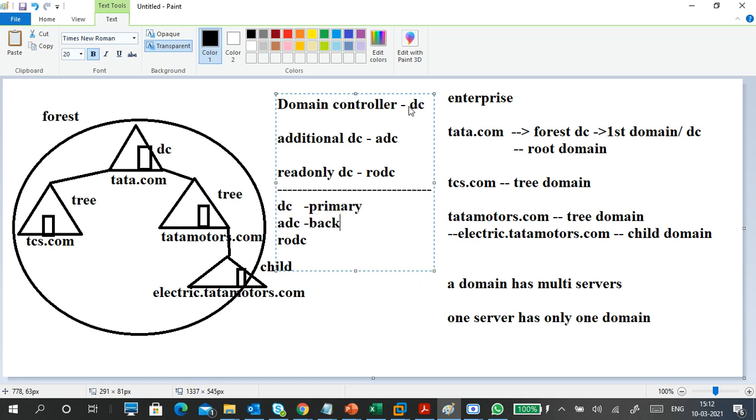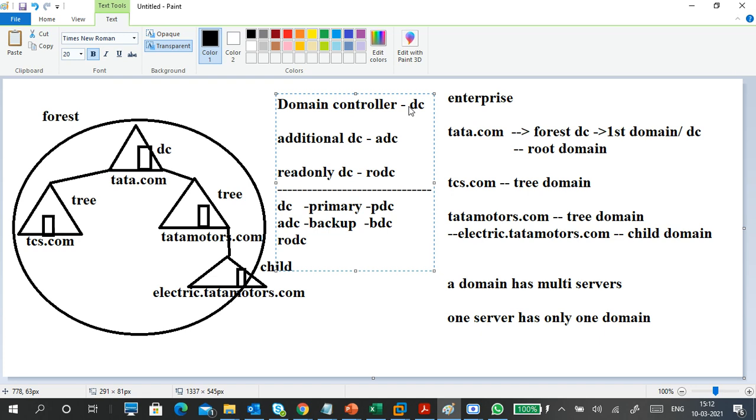ADC is for backup purposes. In olden days, instead of DC they called it a PDC, which means the same thing. ADC is the backup domain controller, BDC.